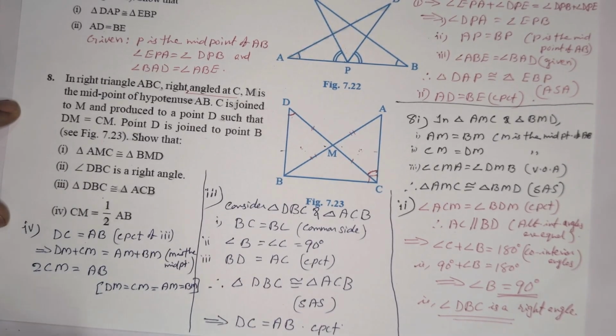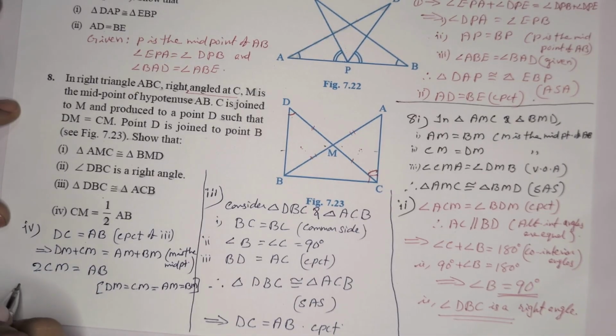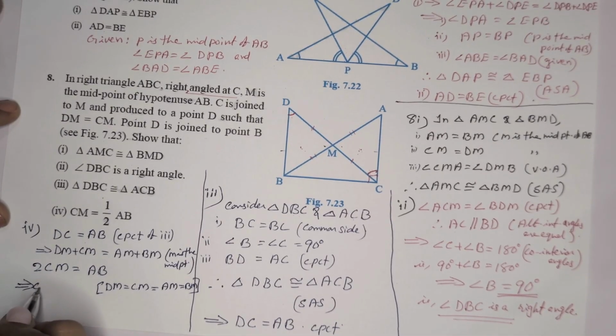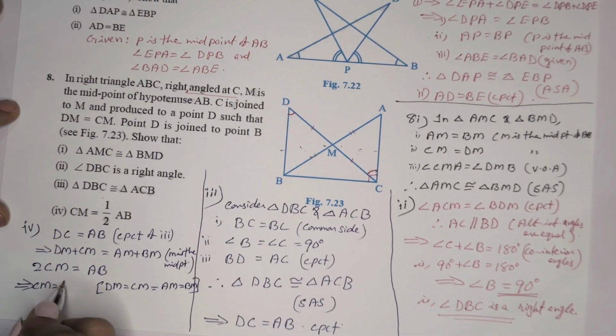All four parts are equal. So we can combine this. DM plus CM is same as 2 times CM. DM is equal to CM, which implies CM is equal to half of AB.